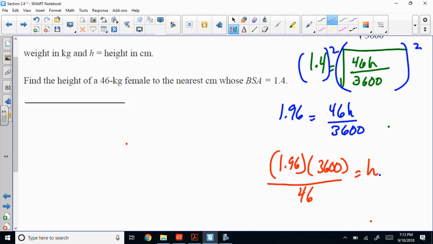If I multiply both sides by 3,600, then that takes 3,600, puts it up top times 1.96, right? And gets rid of that. Then divide both sides by 46, correct? So it cancels on the right side. So I'm just kind of manipulating some things. You know, if things are diagonal, they can switch places, right? Y'all remember that? We talked about that one night. So if they're diagonally going left to right or right to left, they can go there. So what is 1.96 times 3,600 divided by 46? Height equals 153.39 centimeters, right?